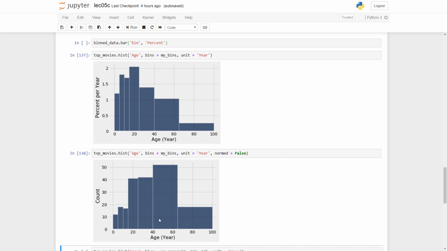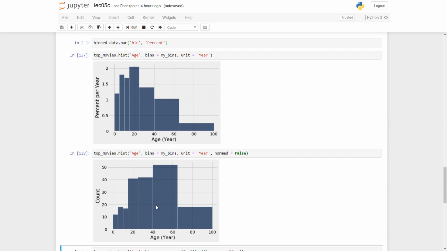Okay? Because in a histogram, the area indicates the percentage. But here the area doesn't indicate the percentage. What indicates the percentage here in this plot? Huh? The count, which is the height.